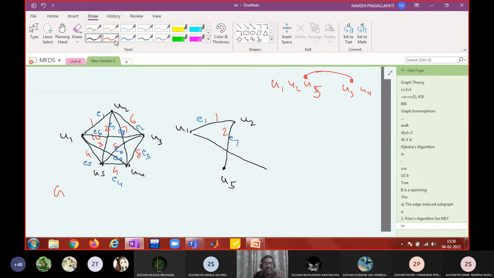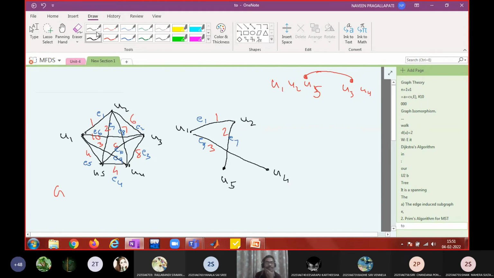So this is E9. About E7, we already selected it, right? The first edge itself was E7. Now this is E9. What is its end?